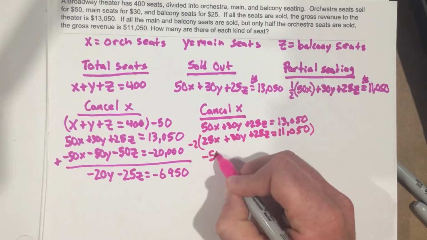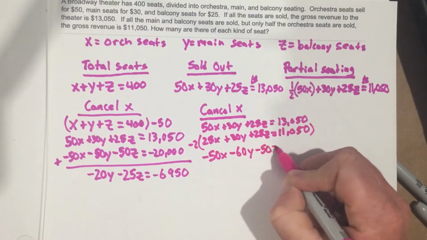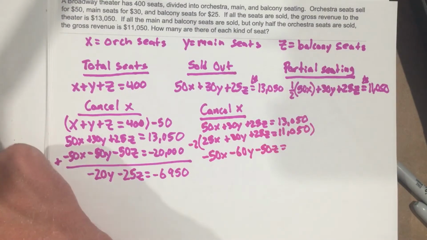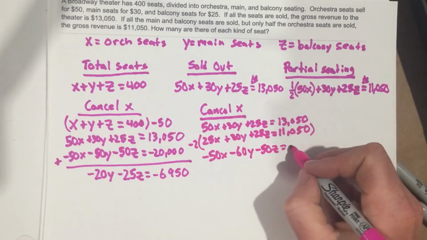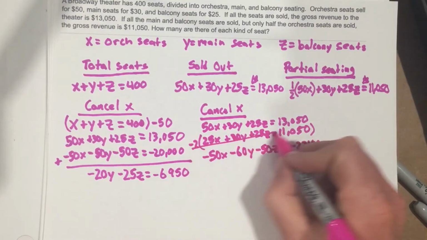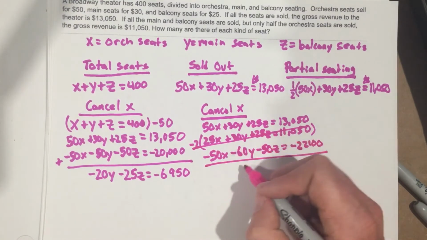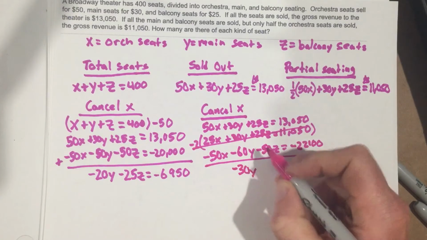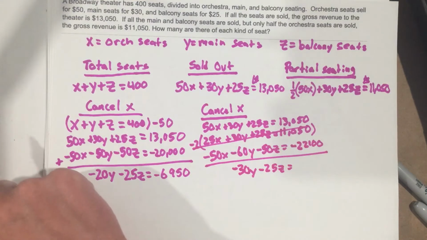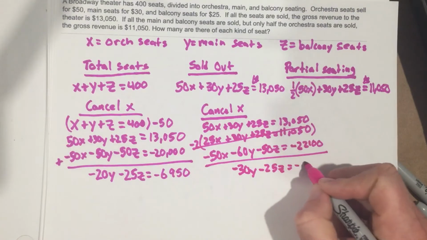That's negative 50X minus 60Y minus 50Z equals negative 2 times 11,050, which is negative 22,100. We're going to add those together. This and this is 0. This gives you negative 30Y, this is minus 25Z, and this equals, when we add that with 13,050, we get negative 9,050.